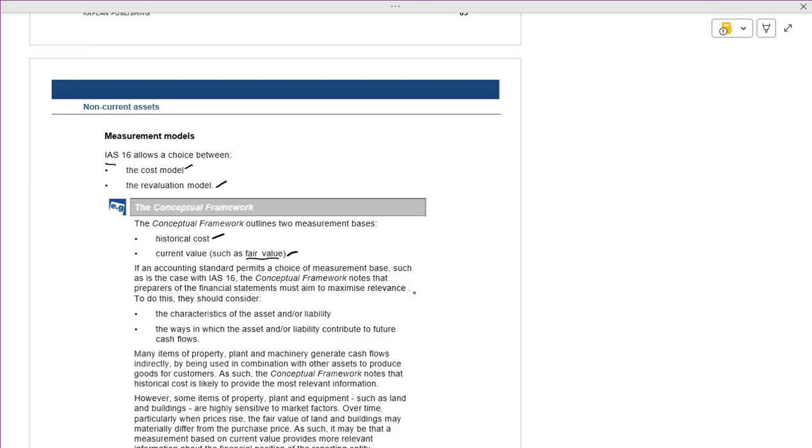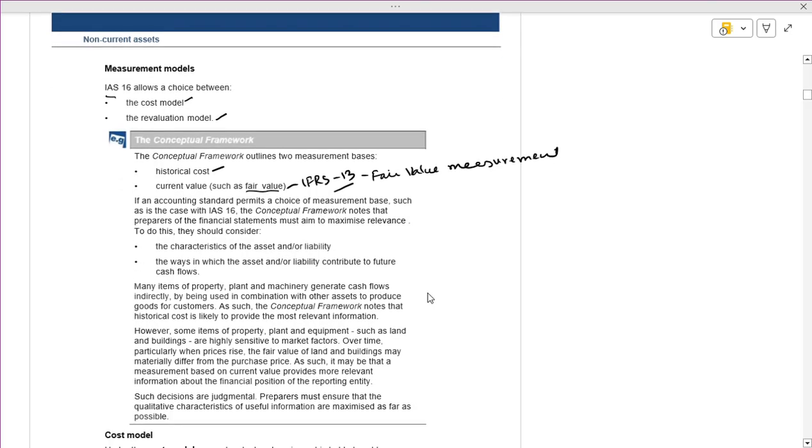It is going to be IFRS 13, fair value measurement. This will always be part of the entire valuations and calculations. Fair value will be of primary importance.